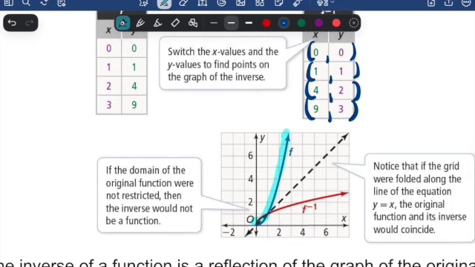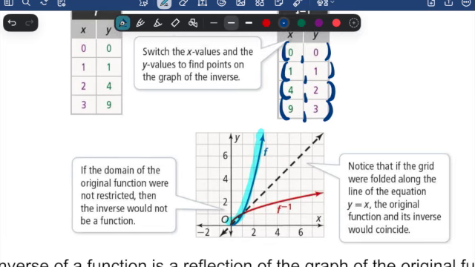Okay, so if the domain of the original function were not restricted, then we would have the other half of the parabola. But the inverse then would not be a function, right? If we were to continue that, it would not be a function. It would not pass the vertical line test. So this is why we have to have that restriction for the original function, for the inverse to fit the definition of a function.